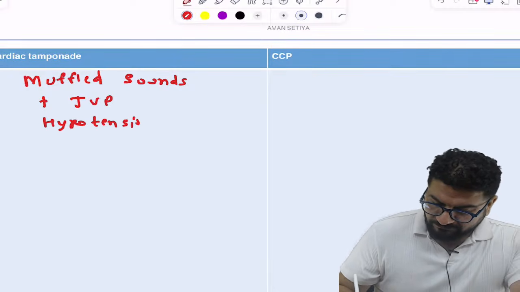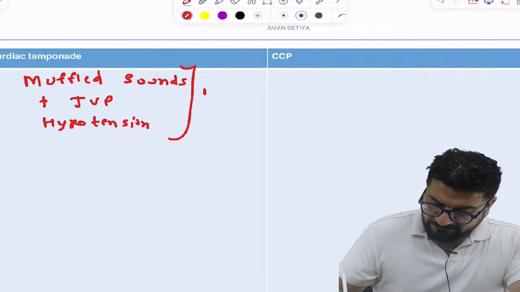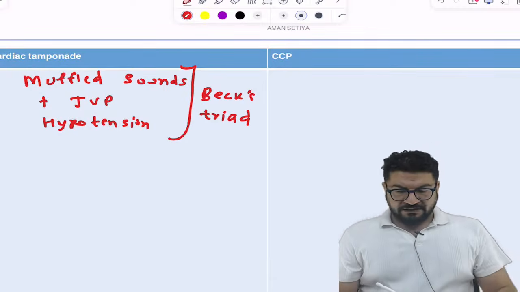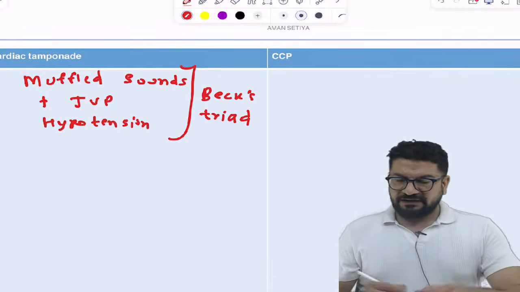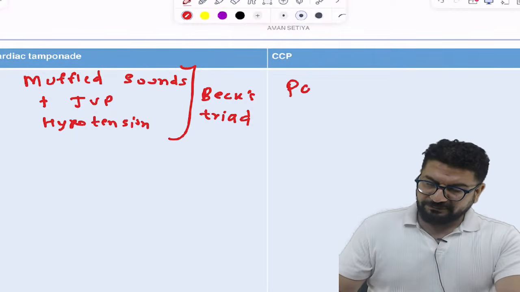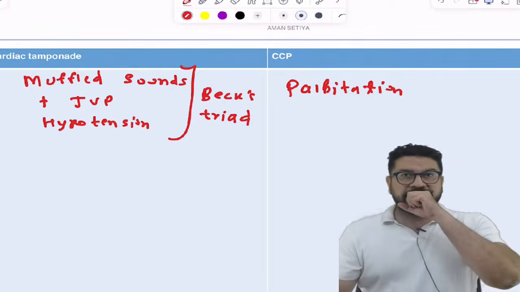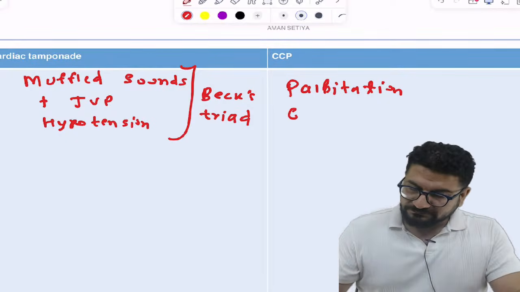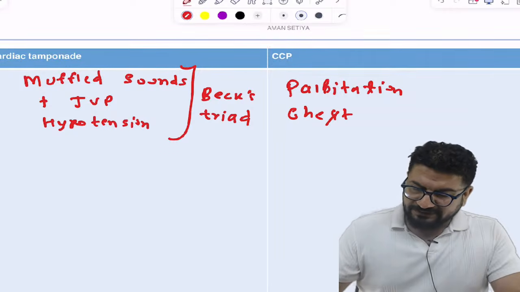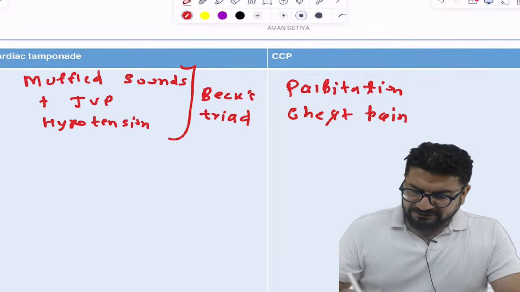What do we call this? We call this Beck's triad. Coming to chronic constrictive pericarditis, here the patient will present with palpitation, or sometimes there can be chest pain. So pericarditis patients can have angina-like chest pain. This will be the difference based on symptoms.